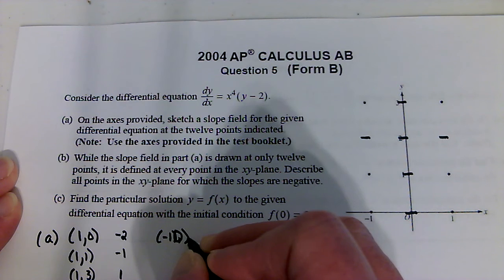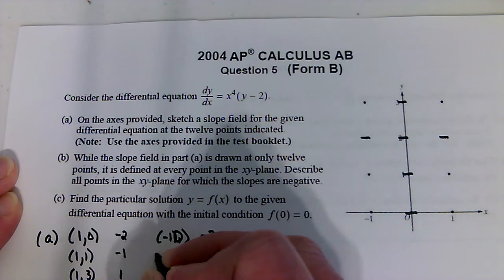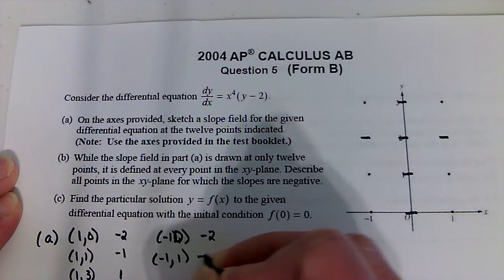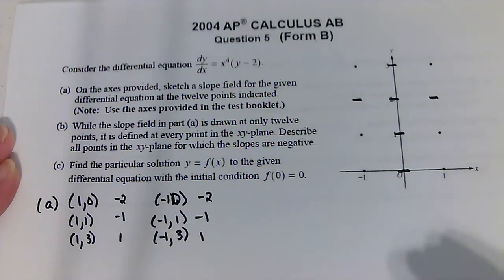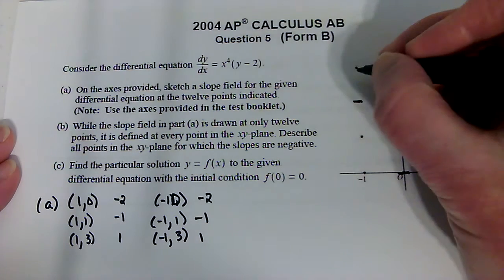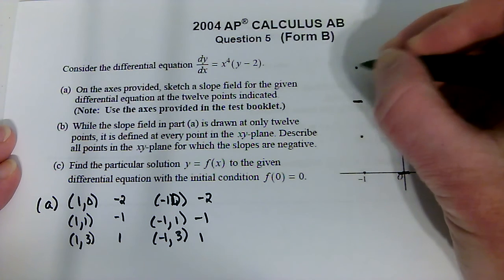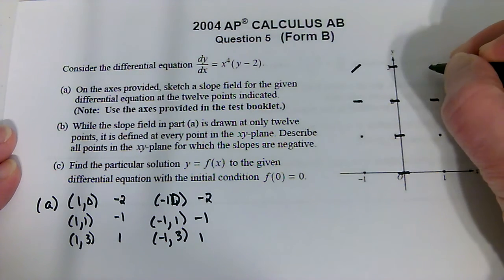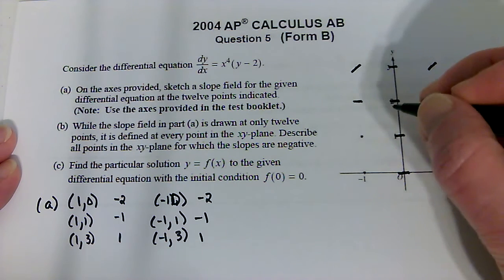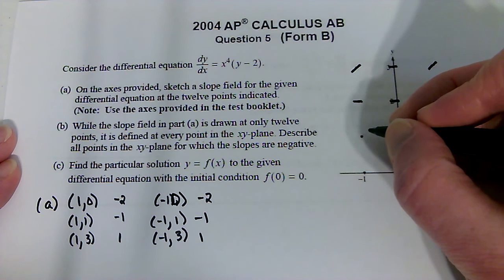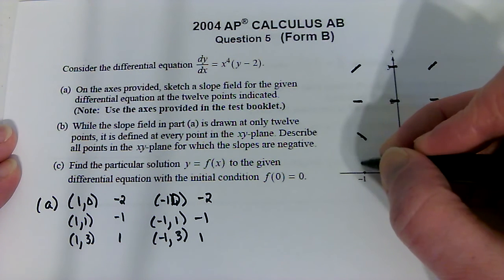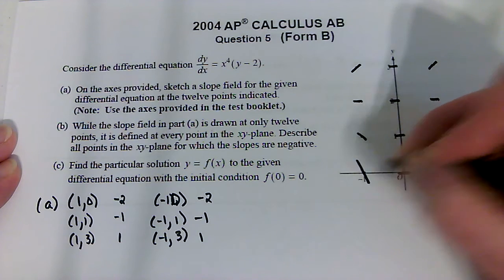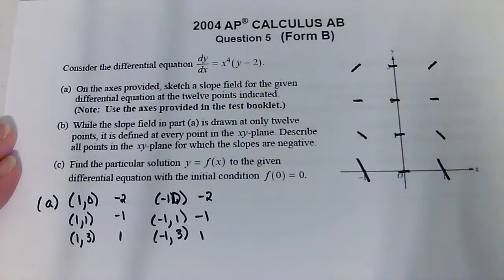Negative 1 to the 4th would be a positive 1, so that's also negative 2. Negative 1, 1 would be a negative 1. Negative 1, 3 would be a positive 1. Okay, so these are positive ones. These are negative ones. And these are negative 2s. So they're going to be steeper.